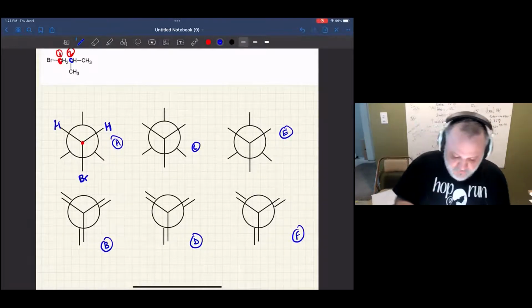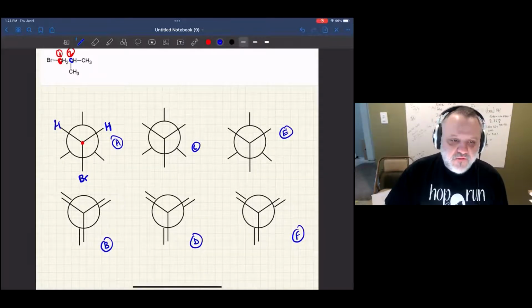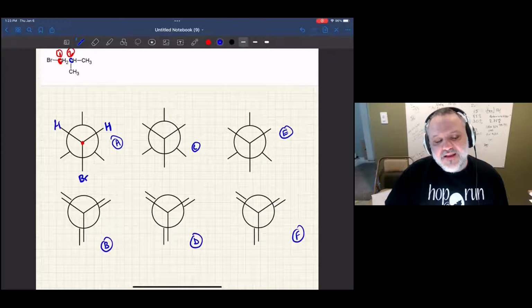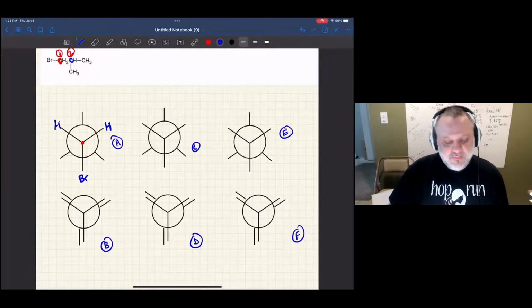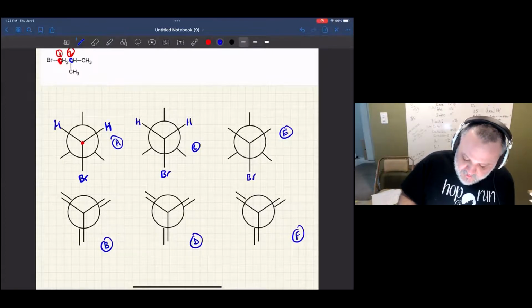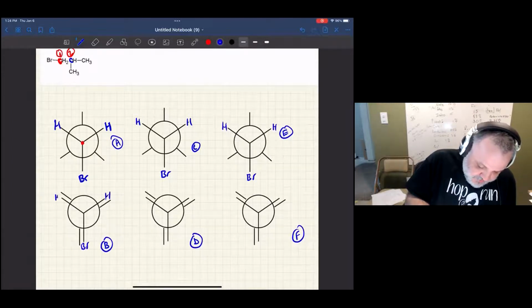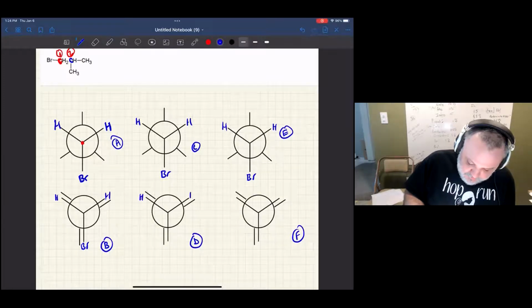When you're consistent with that choice, you know that you've got the right structure and the right drawing. And it makes it easier. If I choose to rotate the back, then I don't really have to think about what the front looks like because it looks the same every time. So for all 6 structures, I can put the Br facing down and the 2 hydrogens facing up.